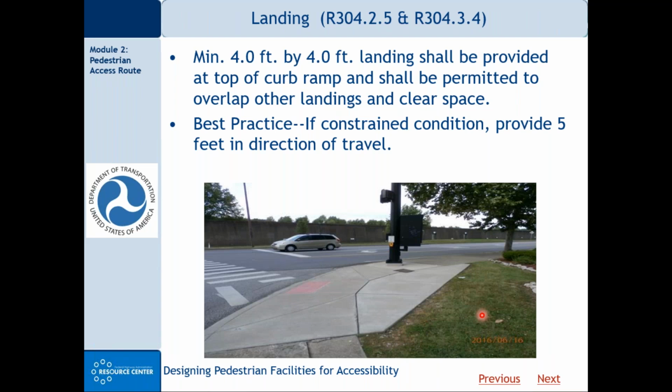Yeah, I mean, I'd want to see what you're talking about, but I'm not doubting what you're saying. I'd want to probably read that. But yeah, that would be my interpretation, yes. If your gutter pan is 8.3, then the maximum ramp grade would be 5%. Okay, thank you, sir.